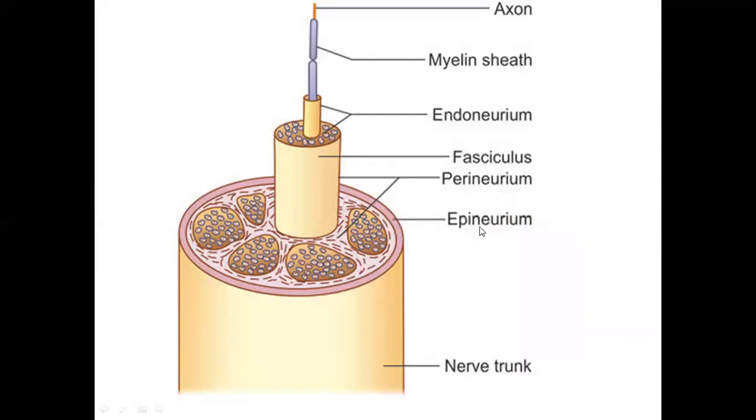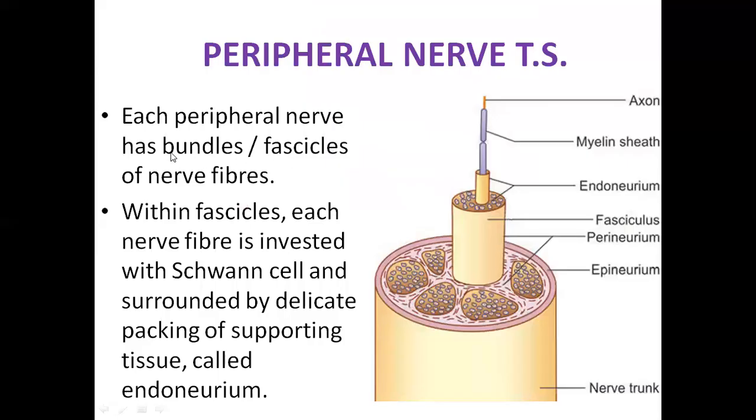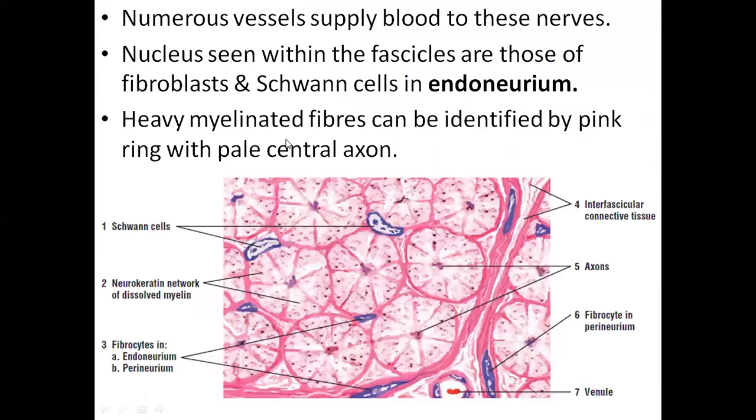The outermost covering is the epineurium. A bundle of nerve fibers is a fasciculus, surrounded by the perineurium. Each single neuron is surrounded by the endoneurium. So each peripheral nerve has bundles, fascicles, as you can see here. Within the fascicles, each nerve fiber is invested by a Schwann cell and surrounded by a delicate packing of supporting tissue, which is called the endoneurium.